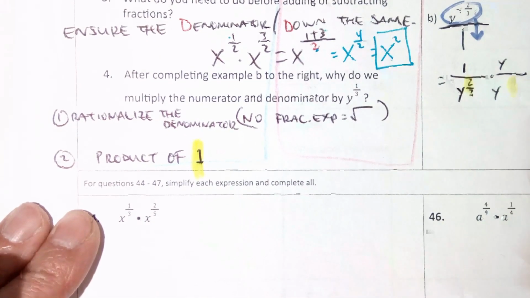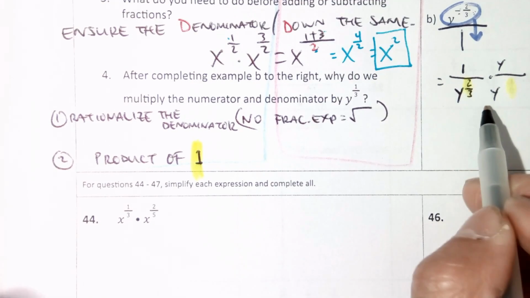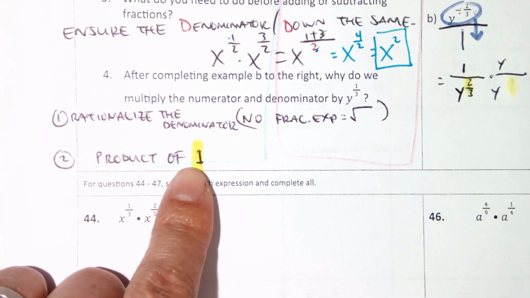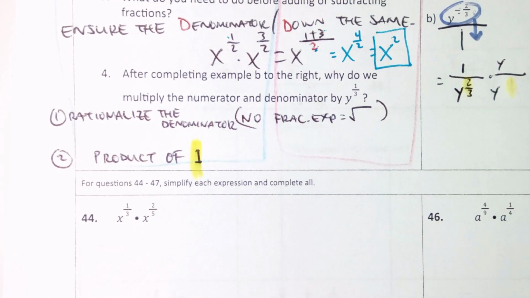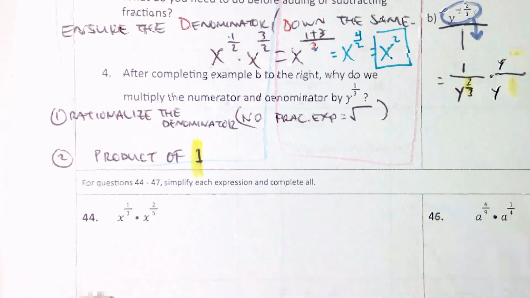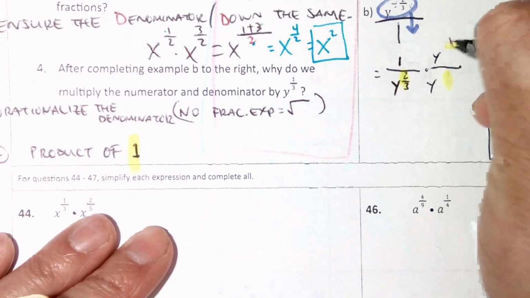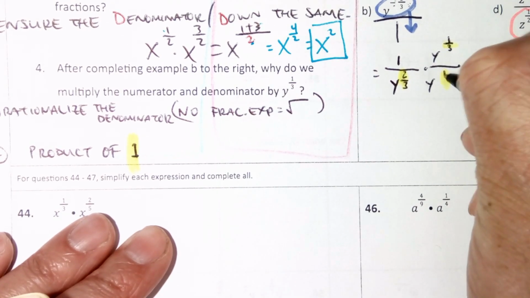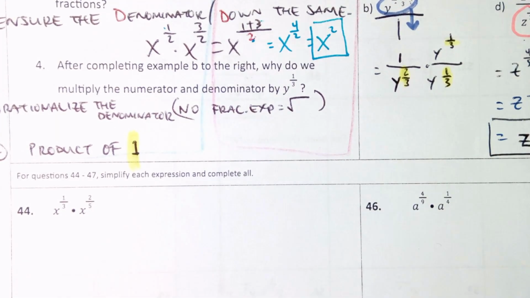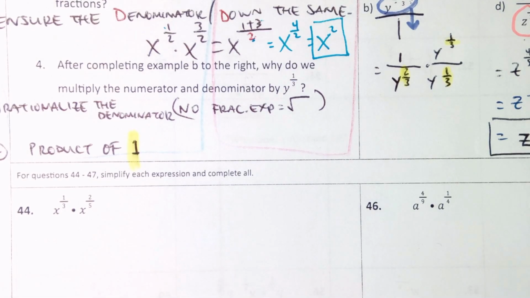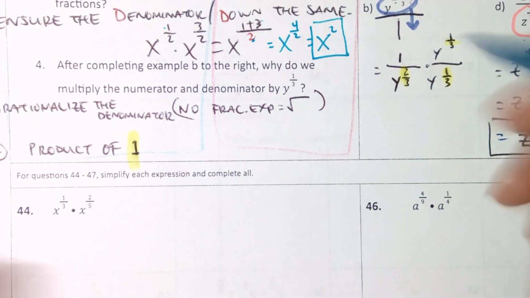And that number is going to be, well, 2/3 plus something equals 3/3 or 1. That number is going to be 1/3. So y to the 1/3 over y to the 1/3. Remember that expression is equal to 1, and that's okay.